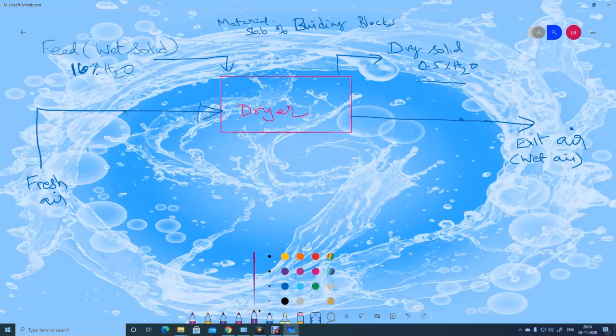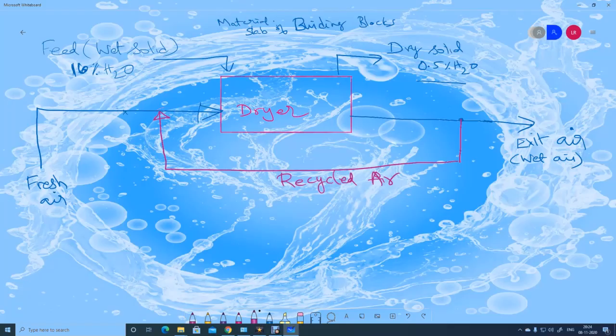Out of the air that is leaving, a certain portion of the air is returned back, that is recycled air. Whatever the amount is, let me say it is 100 kg per hour, keeps getting into the system, but whatever is the fresh air amount, we are going to have wet air leaving the system.